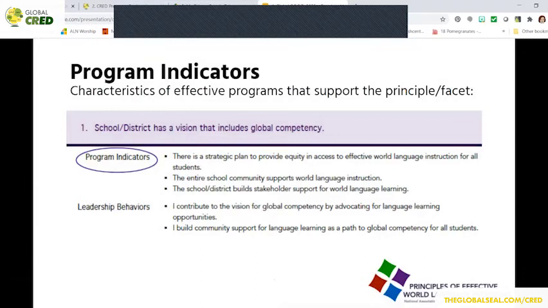The entire school community supports world language instruction. The school or district builds stakeholder support for world language learning. Again, this is not a checklist. This is listing the ideal. So based on that facet of program design and the principle of the school or district has a vision that includes global competency, these are those indicators that would be the ideal.